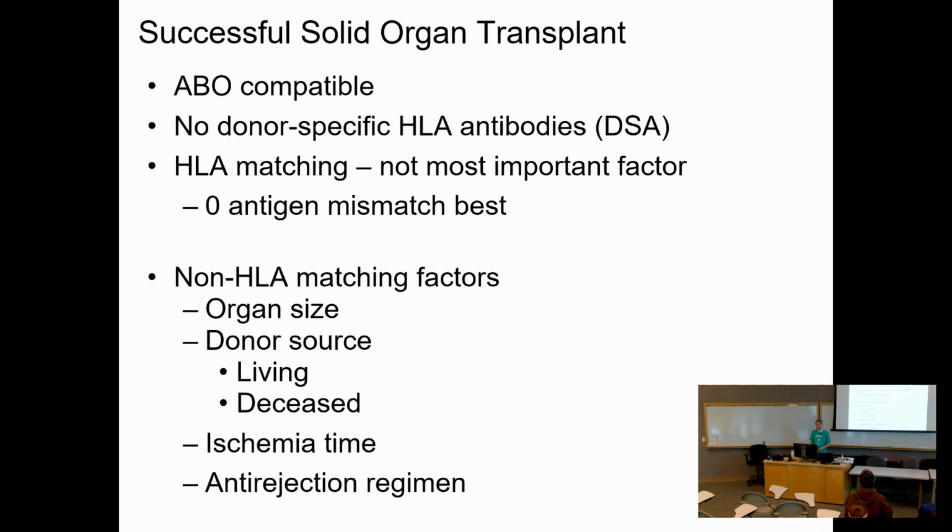So there are a lot of non-HLA matching factors that are important. For kidney, because it's not going back in the regular place, it doesn't really make any difference whether it's bigger or a little bit smaller than the person's native kidneys. It might make a difference for pediatric patients.